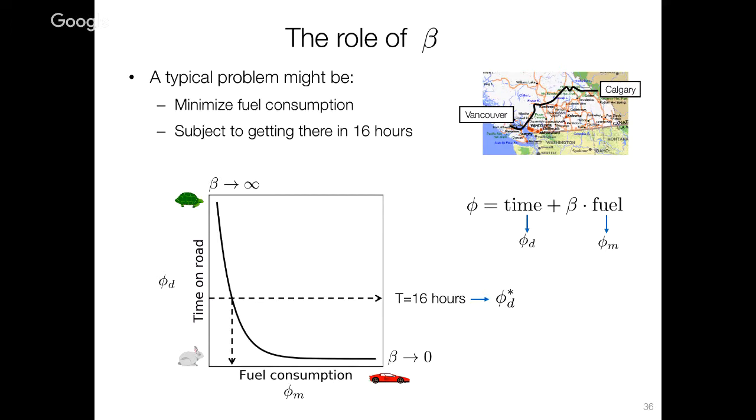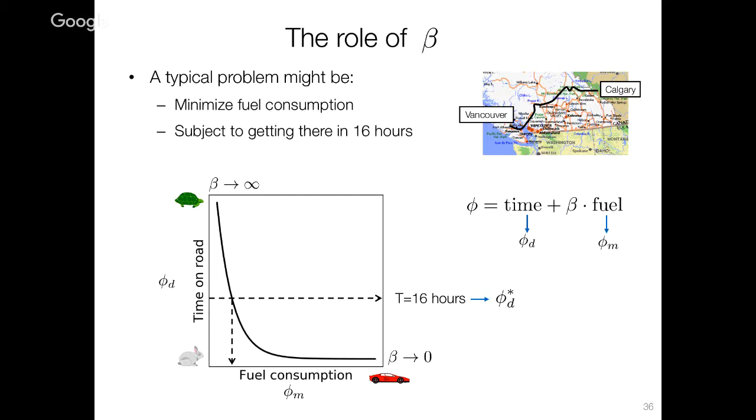So maybe our problem is readjusted, so we want to minimize the fuel consumption, but we still want to get there in, let's say, 16 hours. That's what we're willing to look at. And so that would be our target, and that would put us at this point here.